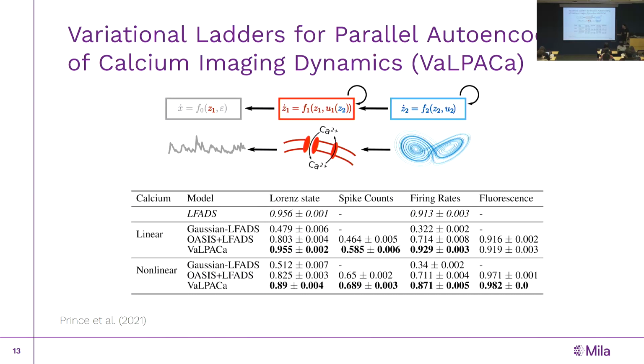And what we found was that if we look at our ability to recreate the Lorenz state or to recreate the underlying firing rates that created that data, we were doing better than if we did simply a calcium deconvolution to get estimates of spikes out and apply LFADS to that, or simply modify the cost function of LFADS to have a Gaussian distribution at the output. We were ultimately able to capture those Lorenz state variables and the firing rates better than these other more straightforward approaches that you might take. So that was encouraging.